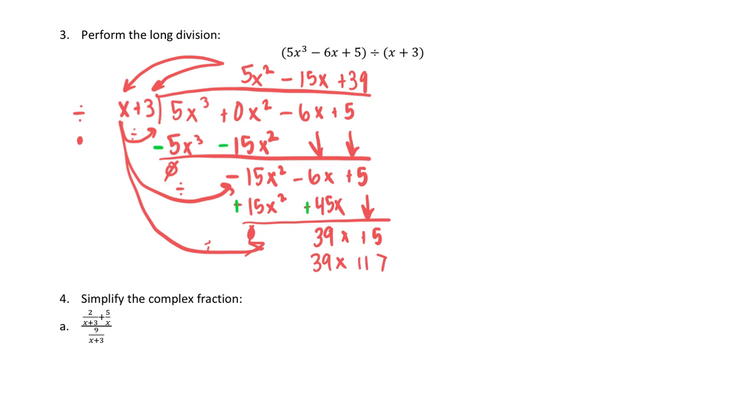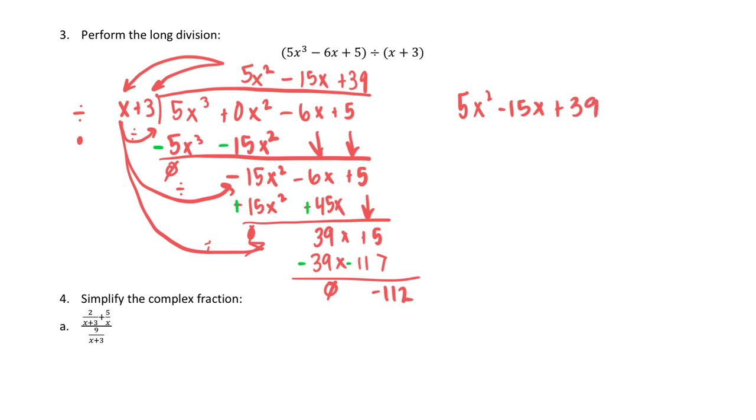So 11, 17. We're going to go through and change each thing's sign. Subtract, subtract. That's 0, and that's negative 112. So my final answer, the answer to the division is 5x squared minus 15x plus 39.